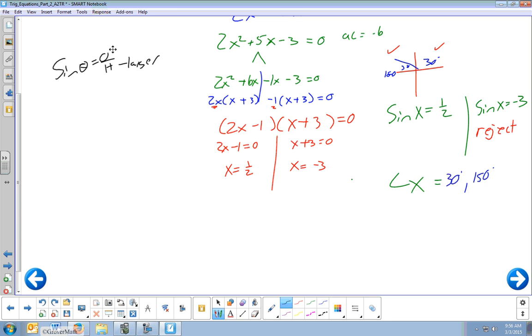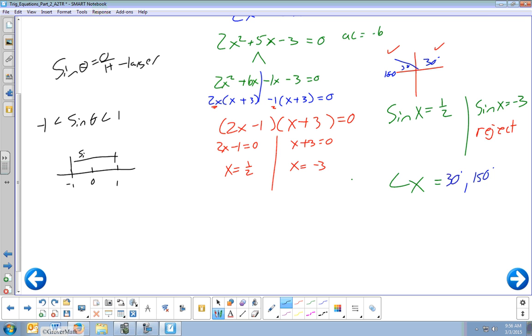So if you ever do something small divided by something large, you always get a number less than 1. So sine theta must be less than 1, or on the negative side, greater than negative 1. It can't be outside of that. So when you take a look at your number line of negative 1, 0, and 1, sine is strictly between these values.